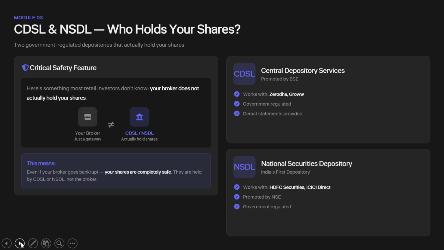NSDL means National Securities Depository Limited, is India's first depository promoted by NSE and works with HDFC Securities and ICICI Direct. This means even if your broker goes bankrupt, your shares are completely safe. They are held by CDSL or NSDL, not the broker. This is a critical safety feature of the Indian market system.